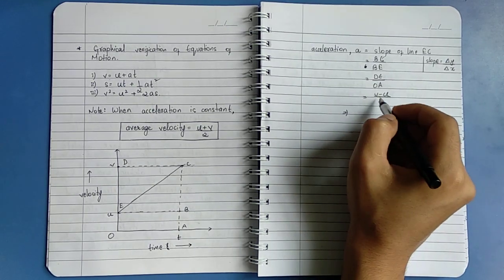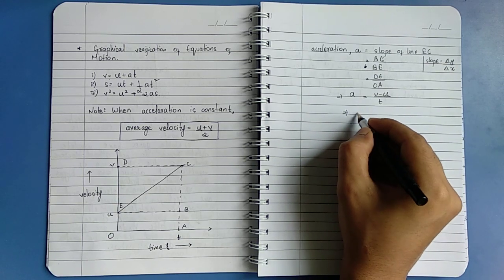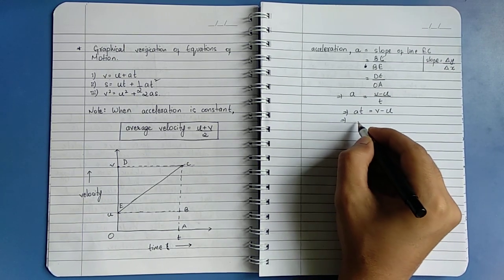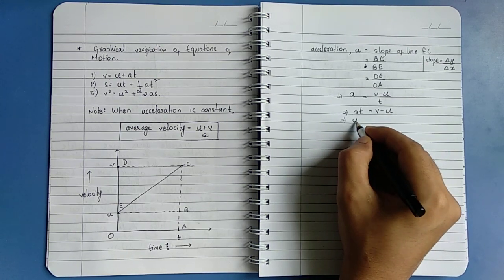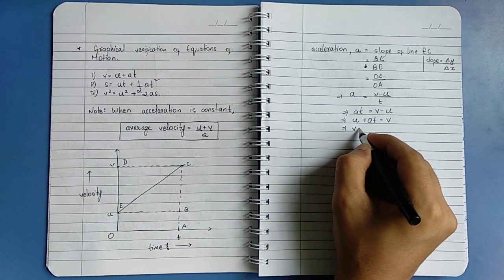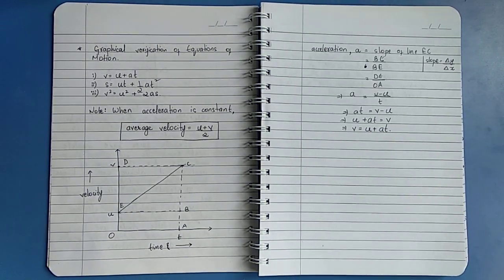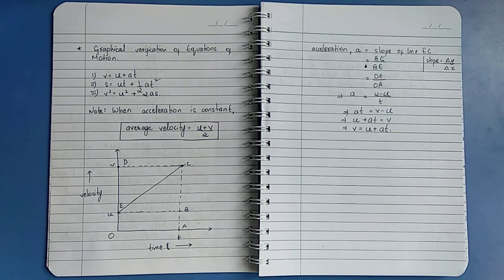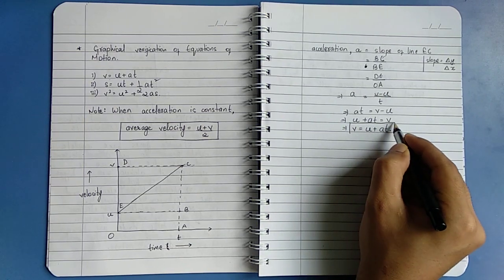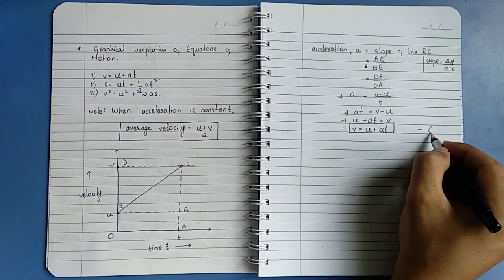So from here we have a is equals to (v minus u) by t. t comes over here. at is equals to v minus u, which implies minus u comes over this side. u plus at is equals to v, which implies v is equals to u plus at. So this is our formula for the first equation of motion. We'll just mark this one and give it number 1.